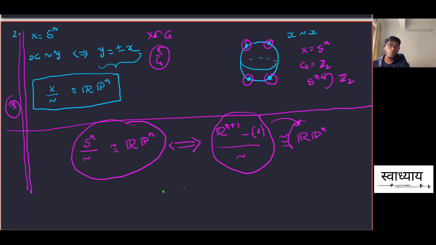Since Sn is compact, this RPn is compact. It's connected. Okay, and now you also need to try to prove that RPn is Hausdorff.